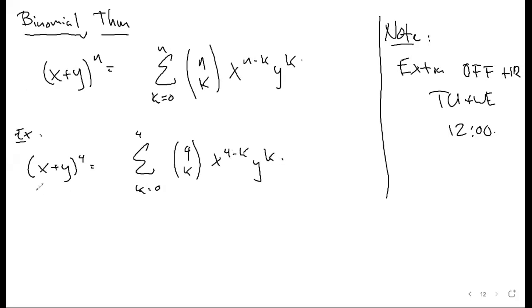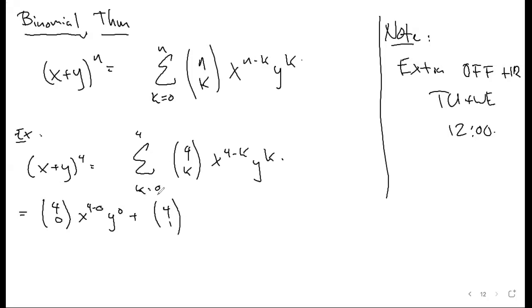All right. So let's expand this out. I go very slow when I expand these. So k is equal to 0, that means 4 choose 0, x to the 4 minus 0, y to the 0. Then you increment it.